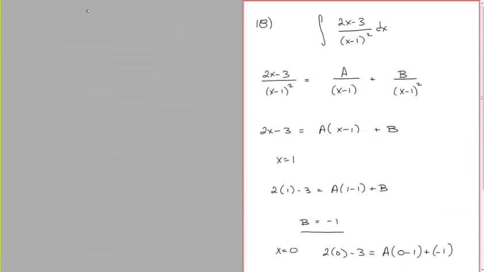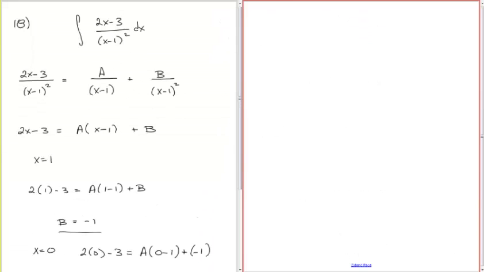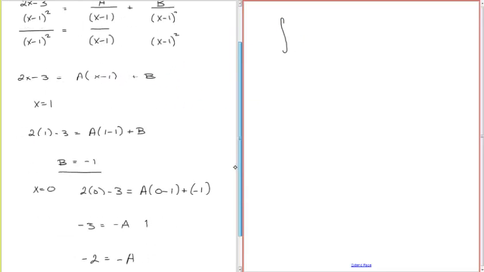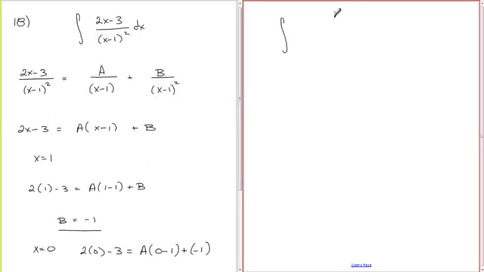So now we can plug those in to here and have the integral. So this integral can be rewritten as a over x minus 1. A was equal to 2. So we have 2 over x minus 1, and then that's times dx.